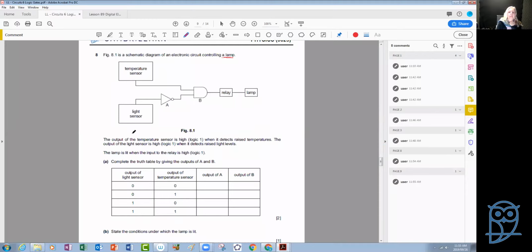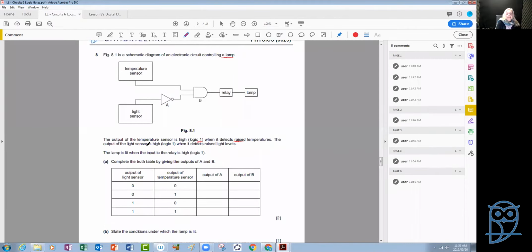Here's the lamp. The output of the temperature sensor is high, which means 1, when it detects raised temperatures. So when it's hot, its output is 1. So 1 for hot.